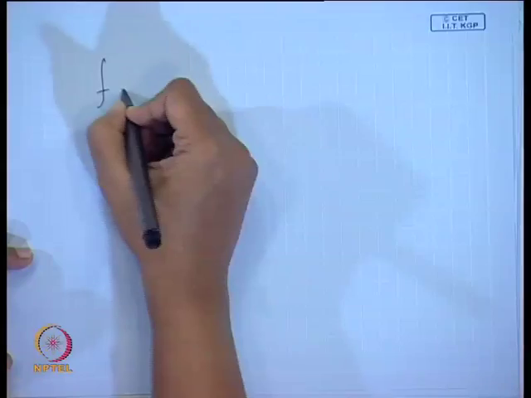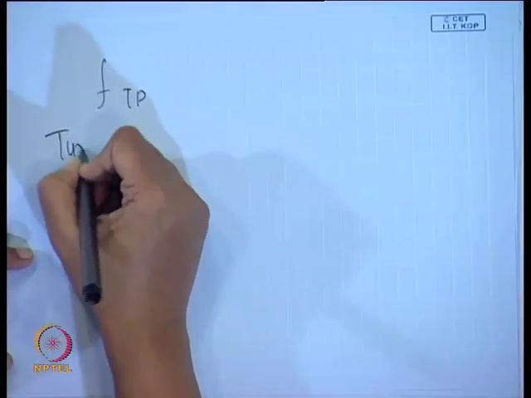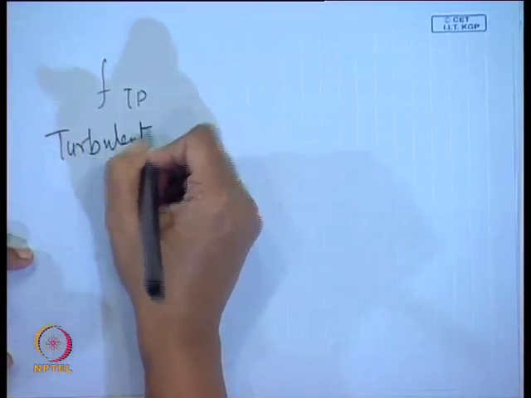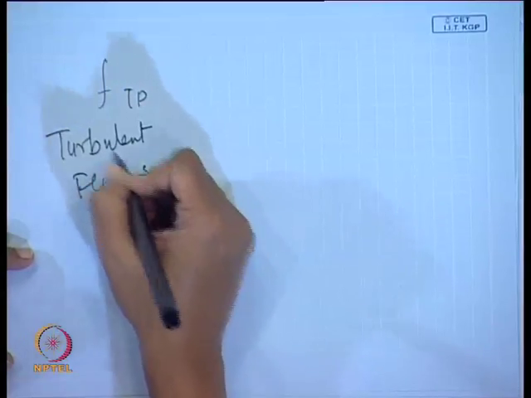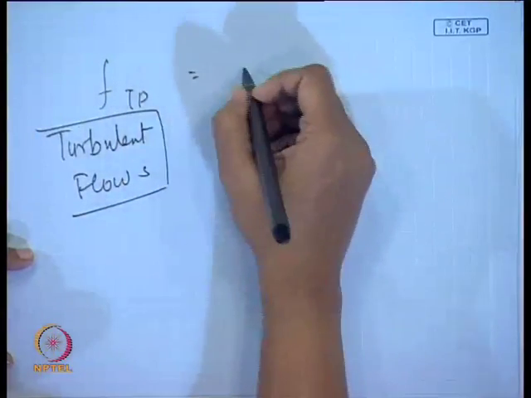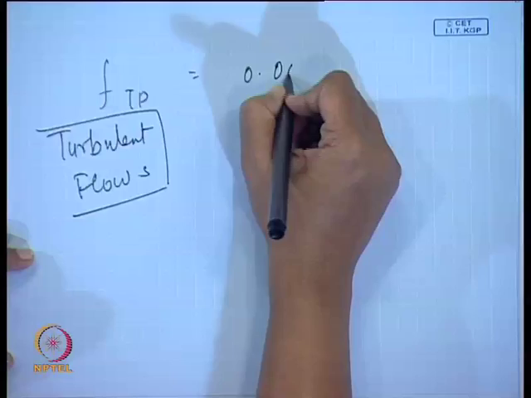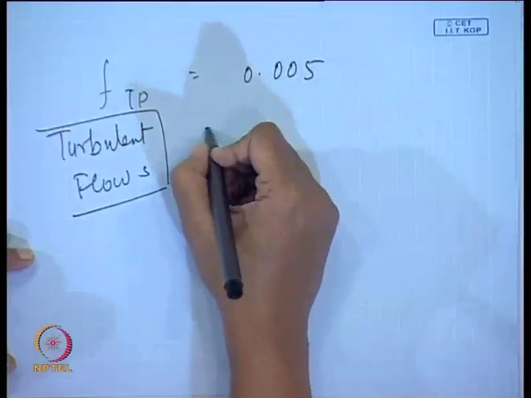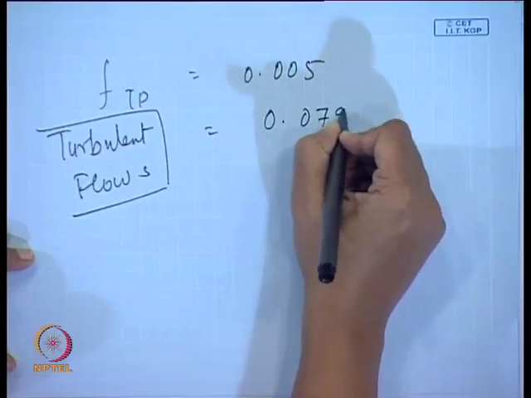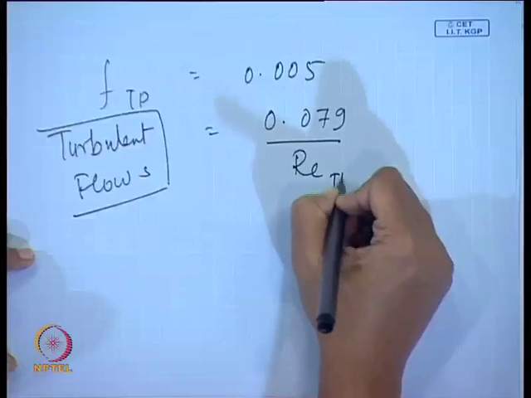Just the approaches which are available for single phase flows. What we can say? We can say, one is for turbulent flows, fTP equals 0.005 you can take, or maybe we can take the Blasius equation.